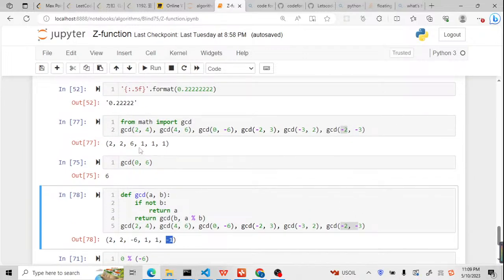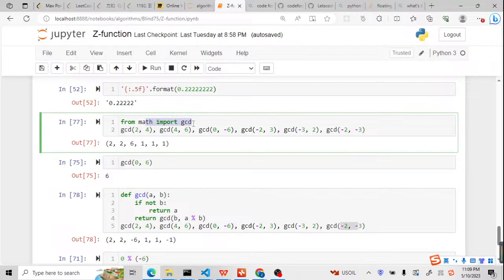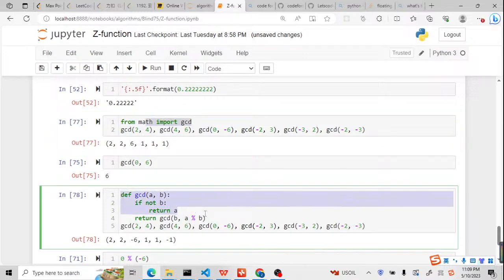So this means no matter which way we are using GCD, whether it's from the library or from our own function, like using mod to calculate, even making it a negative GCD, it doesn't influence our result.